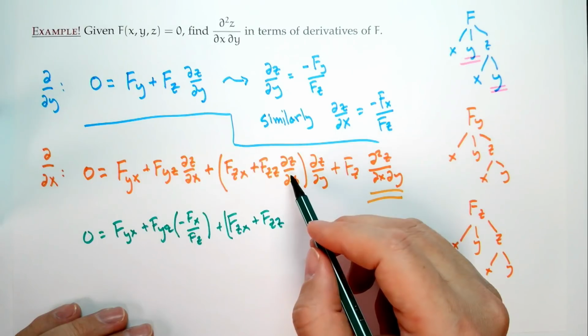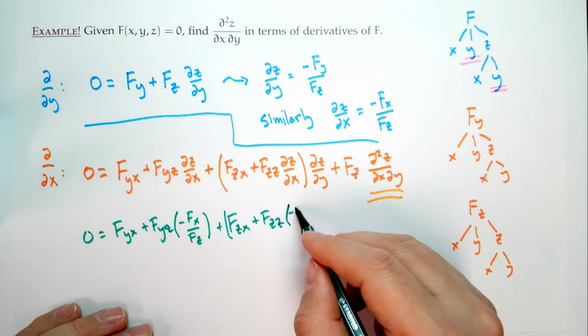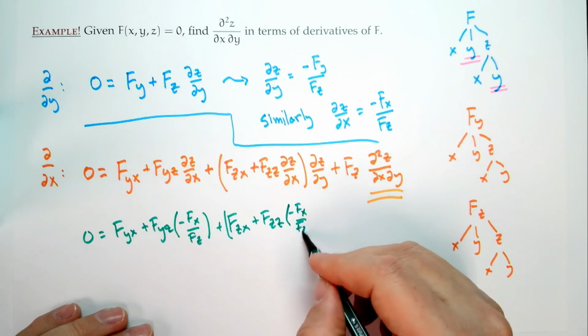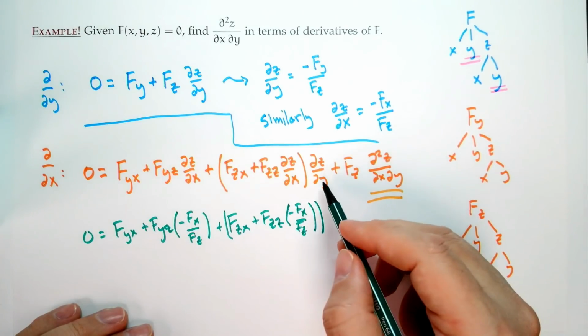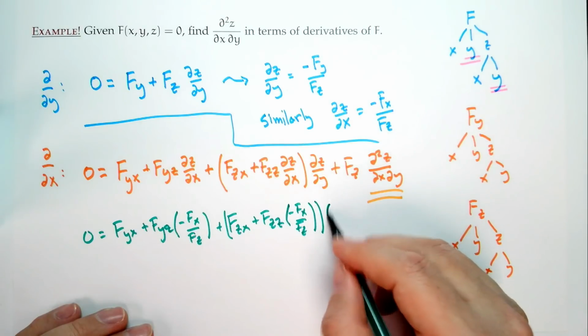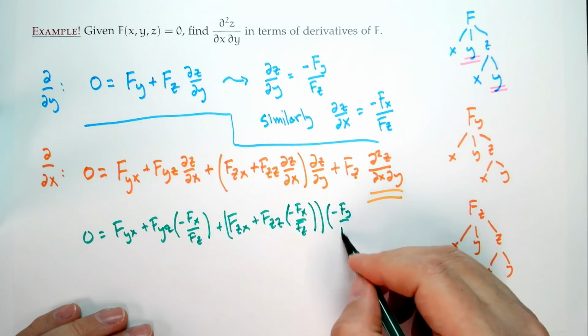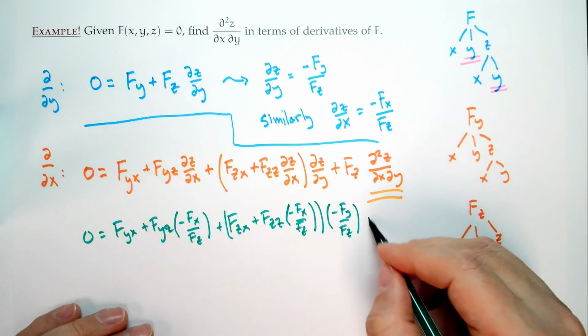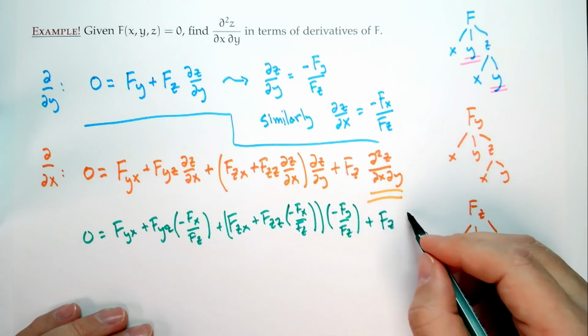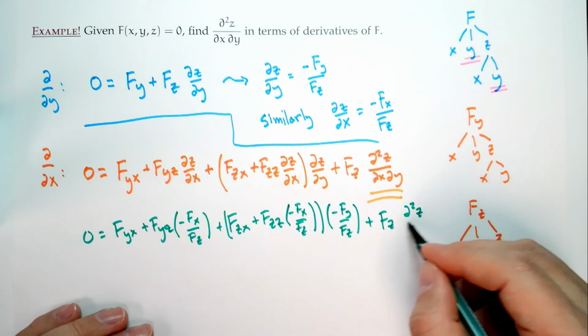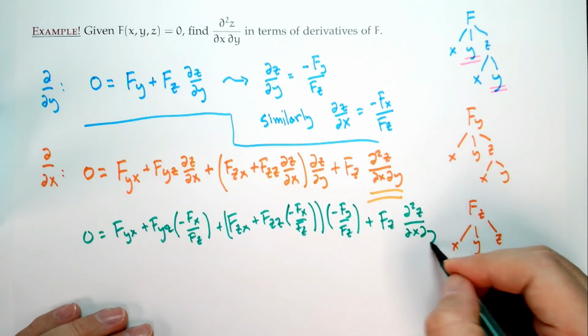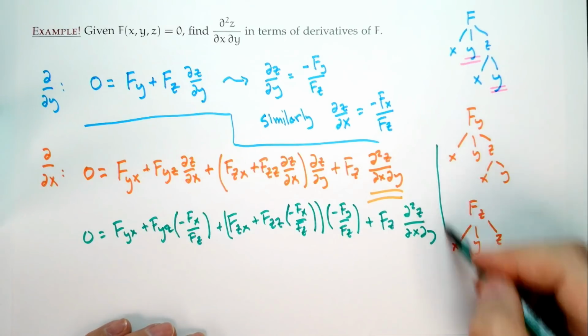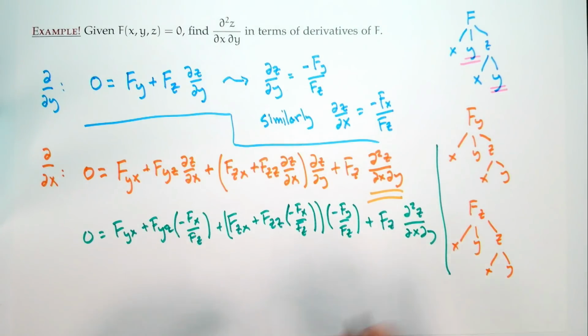Then I have a partial z partial x, again, minus f x over f z. Partial z partial y? Well, minus f y over f z plus f z, and then I get partial squared z partial x partial y. Well, good. Everything's now in terms of derivatives of f.